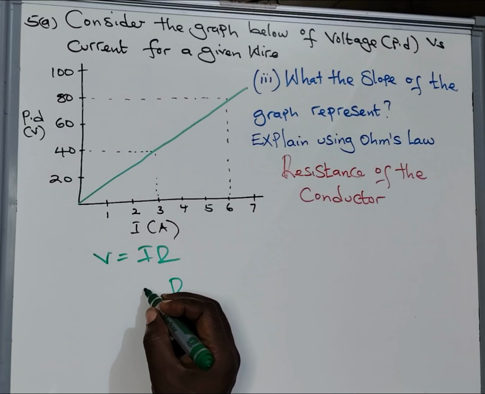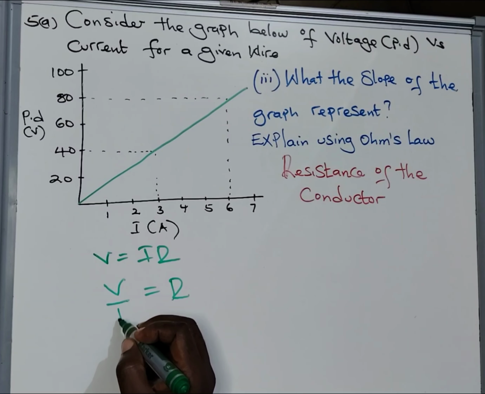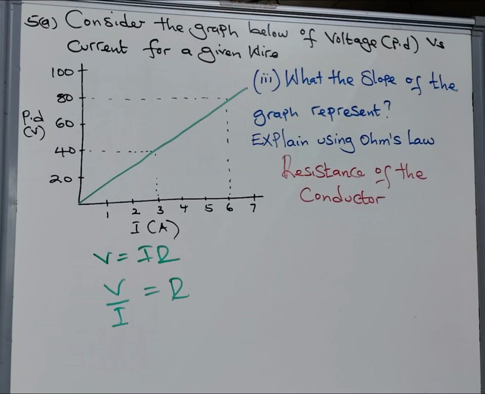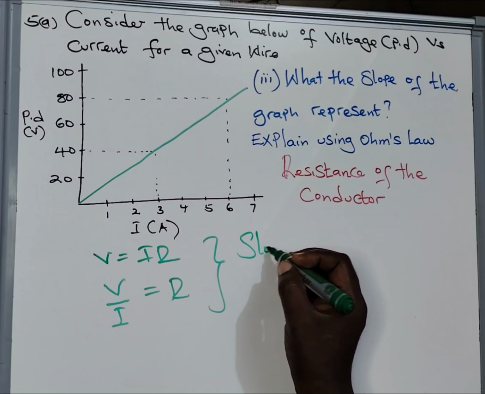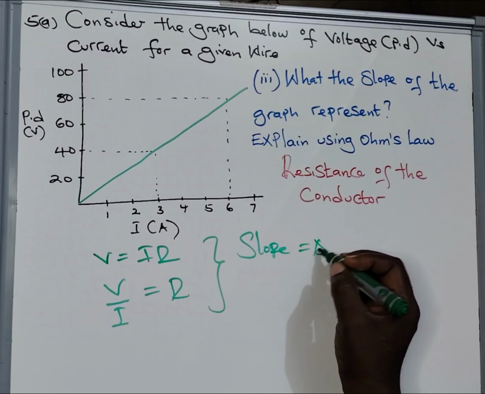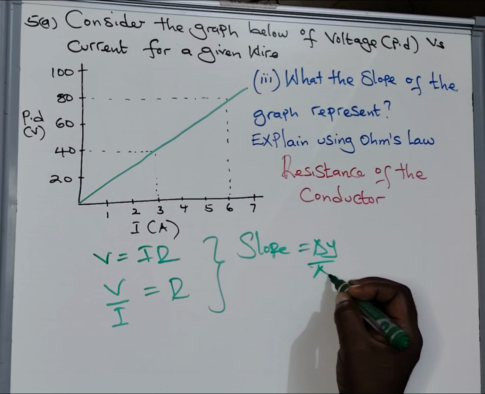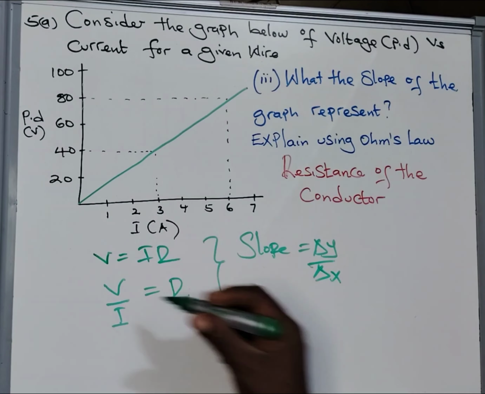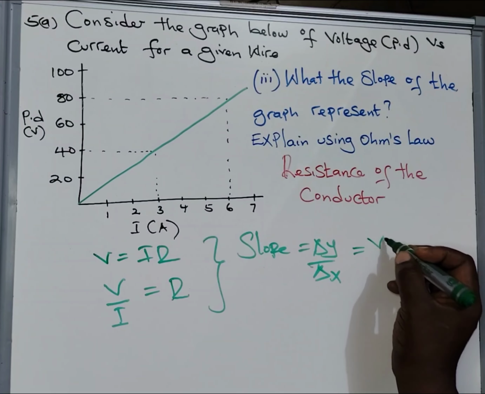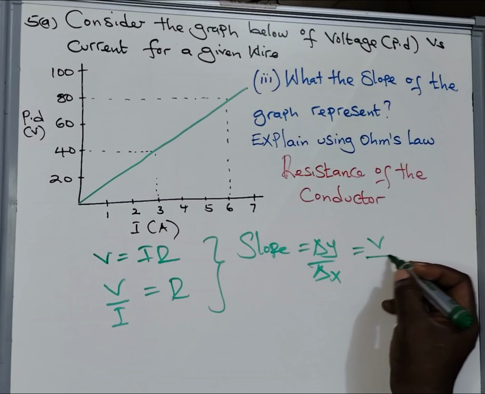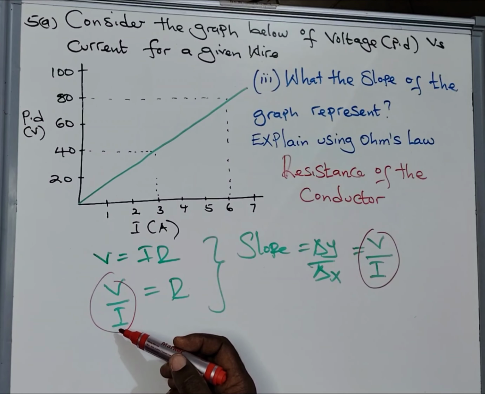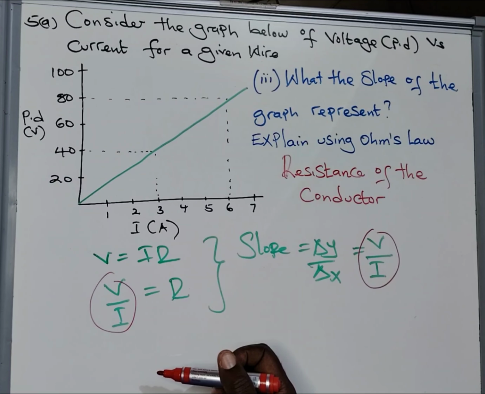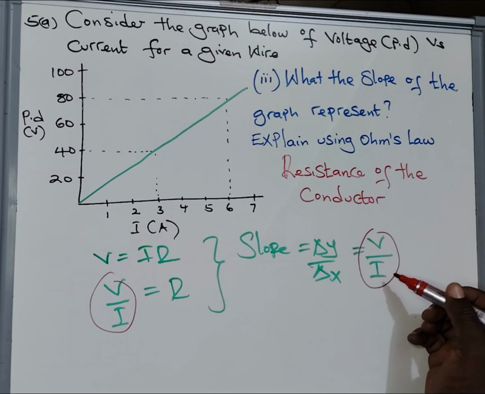That R is equal to V over I. But we know that the slope for the graph is change in Y over change in X. Change in Y is V, change in X is I. And we have to remember that V over I is R. We have V over I on this side.